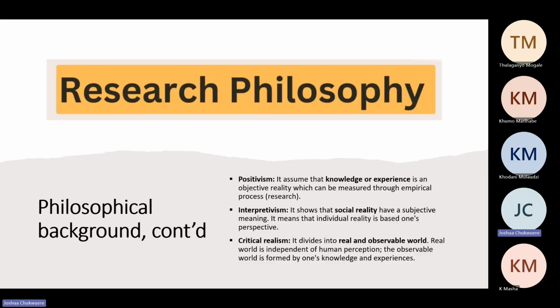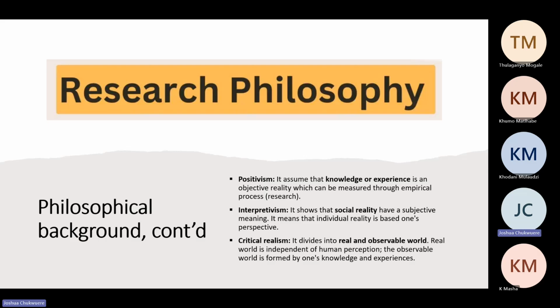Critical realism divides into the real and the observable world. The real world is independent of human perception, and the observable world is formed by one's knowledge and experience. How does your situation today define how you react?